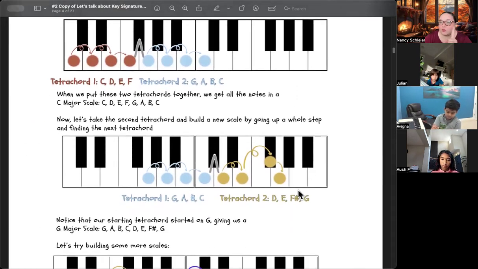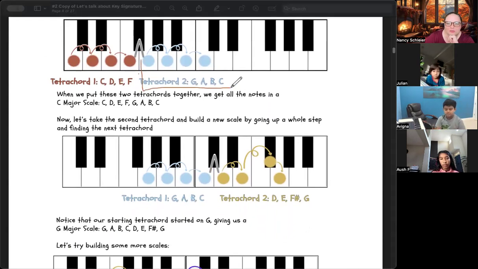Now, what's really cool about tetrachords is if I take that second tetrachord that we just built and start a new scale using that one as our first tetrachord, then I get a G major scale.